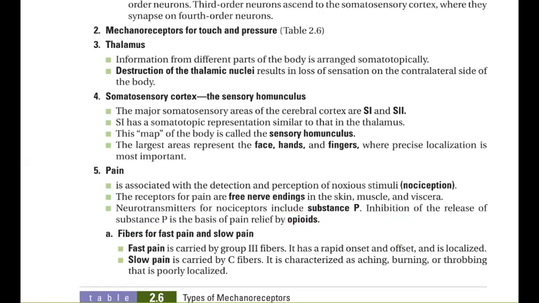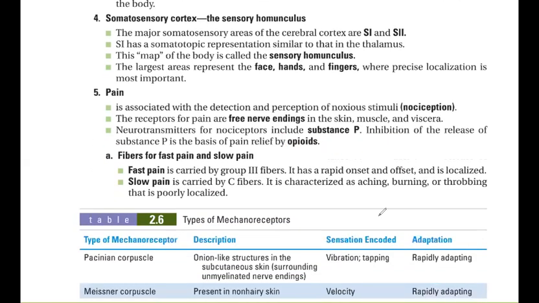Now again, they have discussed that fast pain is carried by group 3. The group 3 fibers are the A gamma and A delta, but A delta is for pain.